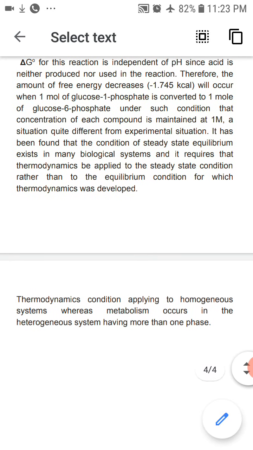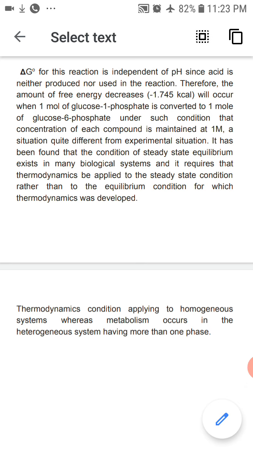Therefore the standard free energy change can be calculated by applying principles of thermodynamics in biochemical reactions also, as we have seen and calculated the free energy change in the conversion of glucose 1-phosphate to glucose 6-phosphate by using enzyme.